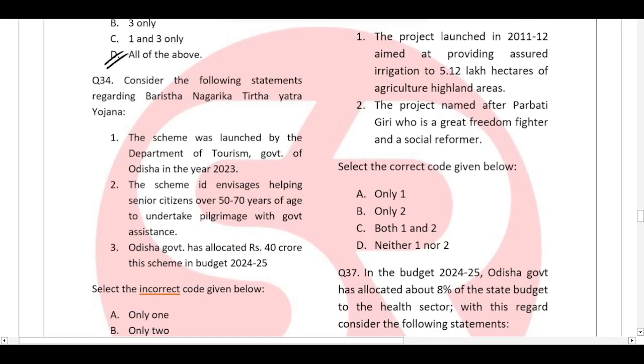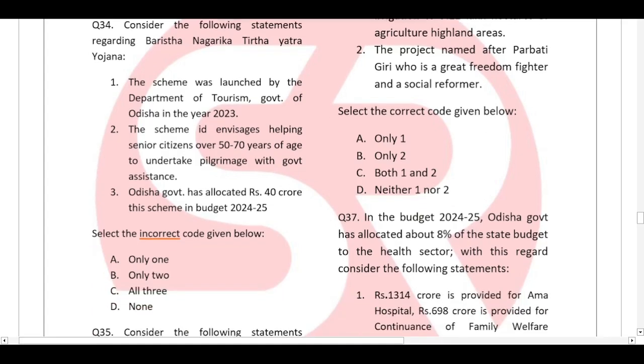Coming to question number 34. Consider the following statements regarding the Barista Nagarika Tirtha Yatra Yojana. The Odisha government launched this scheme which facilitates free pilgrimage for senior citizens.